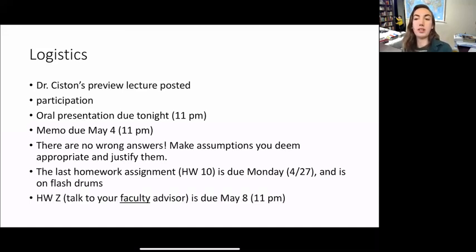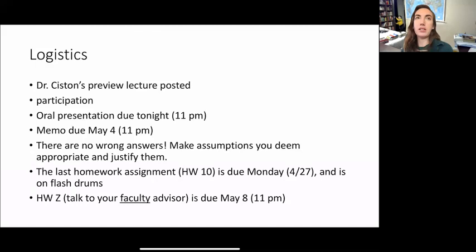which is to talk to your faculty advisor. I've underlined faculty, so this isn't like a staff person. You should have a faculty advisor within the Department of Chemie who you can talk to. If you're not currently a chemie student, just talk to some faculty mentor in your own department or wherever.